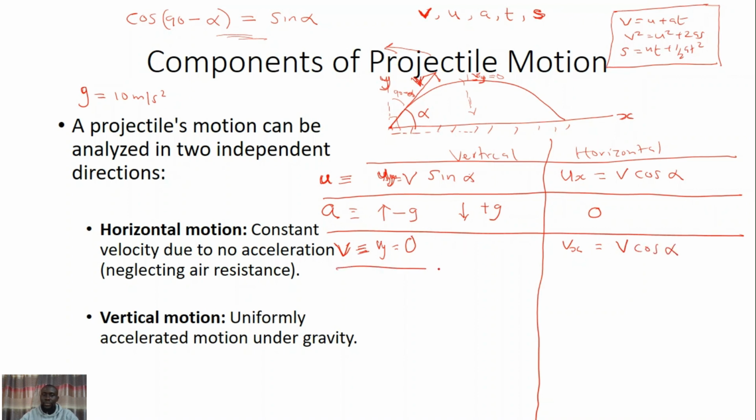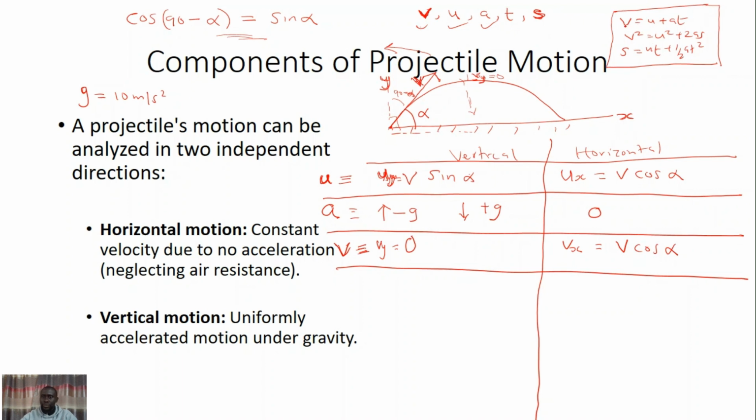Good. Now we've taken care of this. We've taken care of initial velocity. We took care of the acceleration. Now let's look at the time. The time taken for the body can be calculated from the equations of motion.